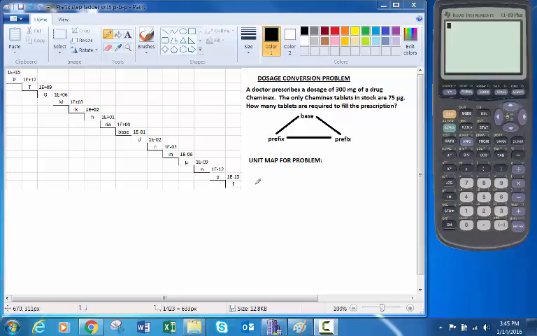A good method for attacking this sort of problem is to complete a unit map. In our problem, we are told that we need 300 milligrams. So our beginning unit for our unit map will be milligrams.